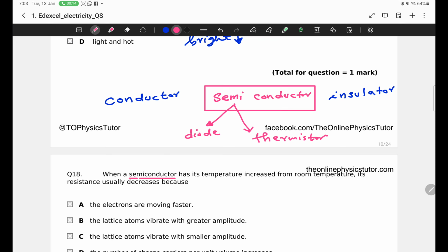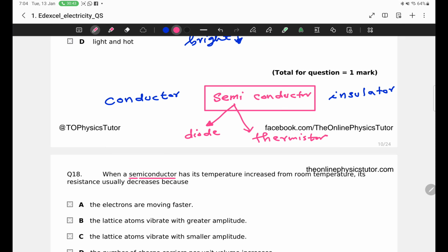Silicon is a semiconductor. You know silicon, you studied chemistry. Silicon is a semiconductor when silicon is in a pure form. When silicon is in a pure form, then it does not conduct electricity. But if we mix some impurity, I'm not explaining what impurity, this is not in your course, it is called doping.